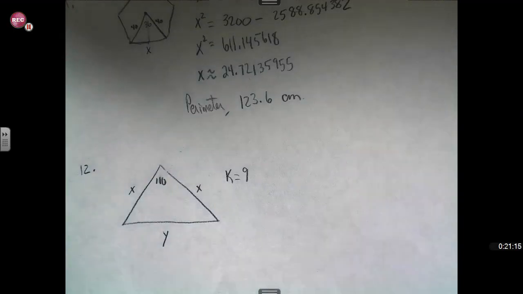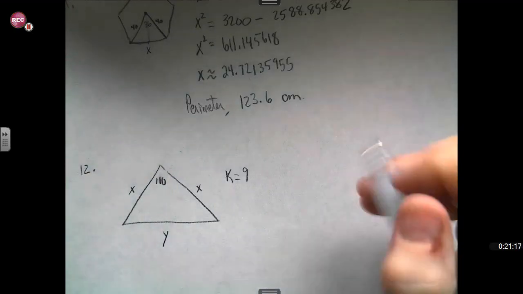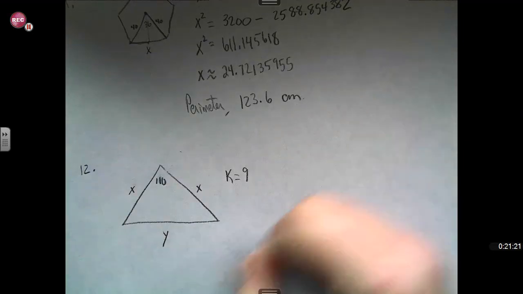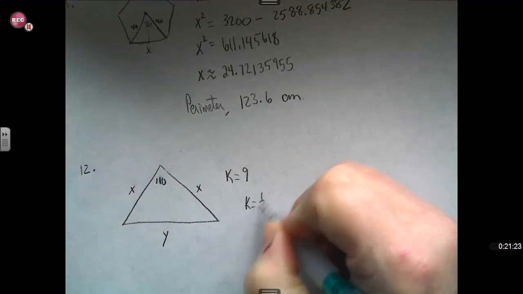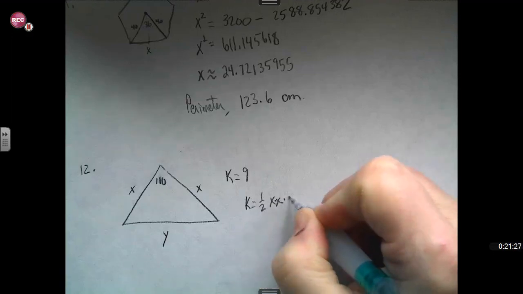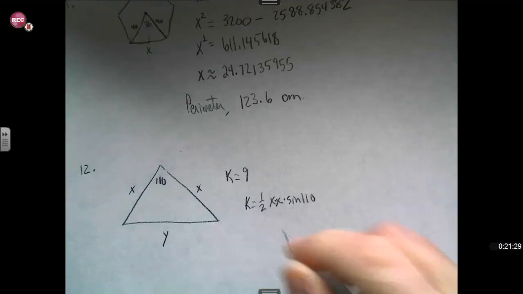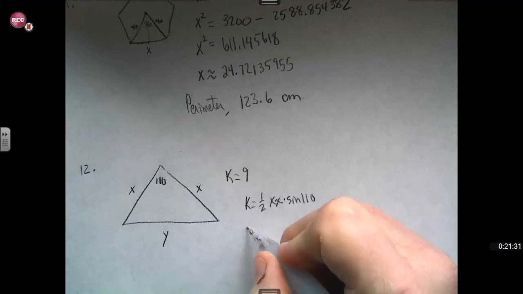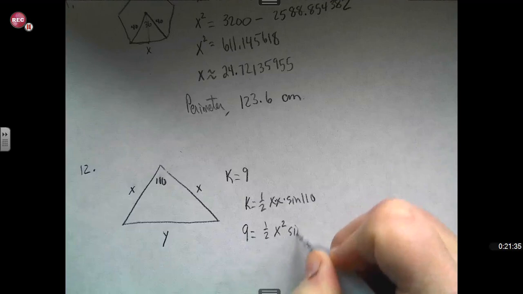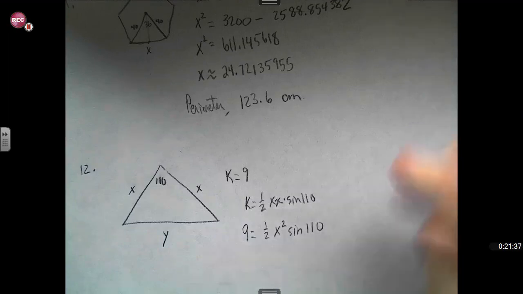And for the x's, I can use K equals 1/2 x times x times sine 110. So 9 equals 1/2 x squared sine 110.